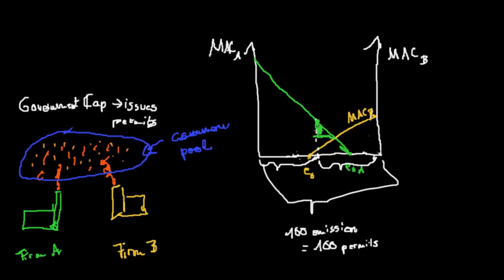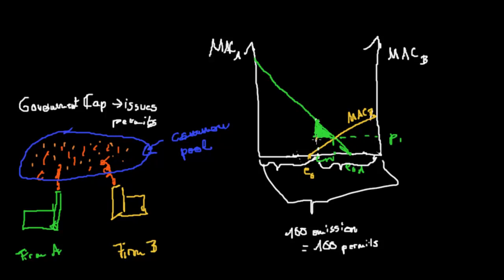So they basically, firm A in a market system can buy this amount of emissions until they reach the equilibrium state from firm B, and at a market price of this level P1 they will have the green area of benefits from trading.